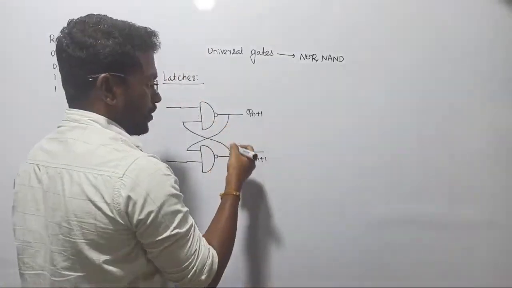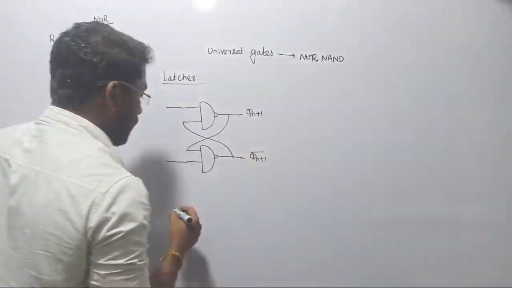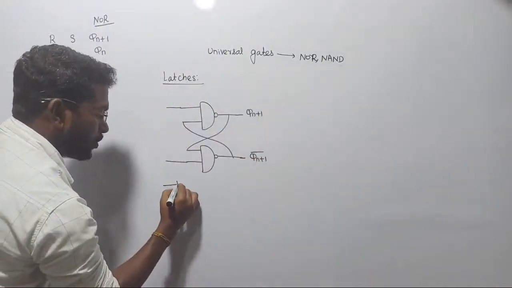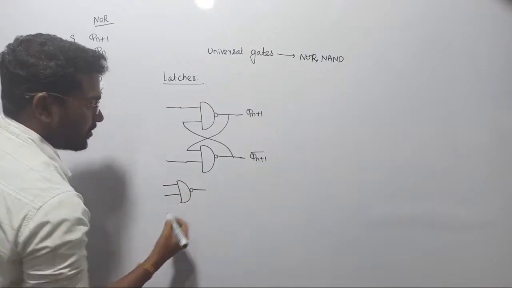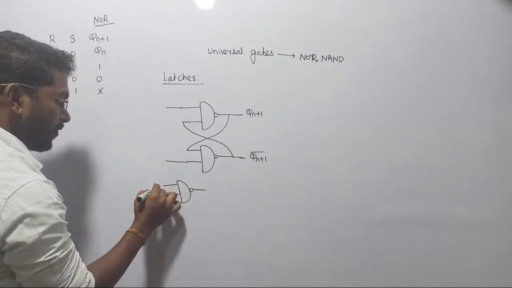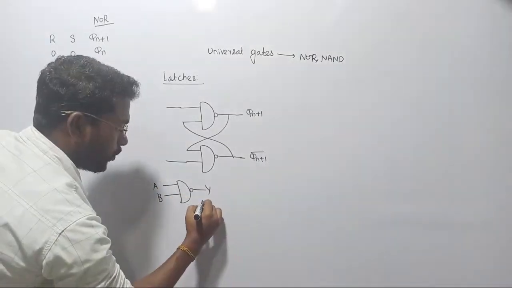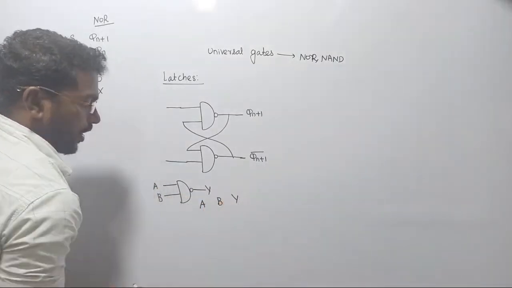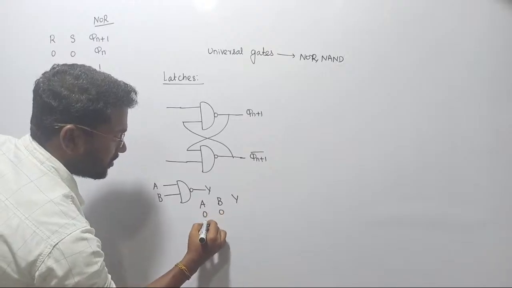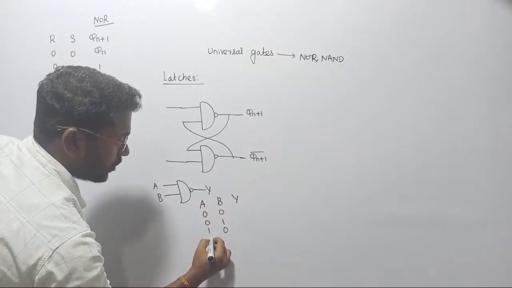Let us realize the truth table of this NAND gate, right? According to this NAND gate logic, first of all we need to realize the truth table of the NAND gate in order to perform this operation. In NAND gate we have 2 input pins and 1 output pin, input pins A, B and output pin Y. Now there are 4 possible combinations 0 0, 0 1, 1 0, 1 1.